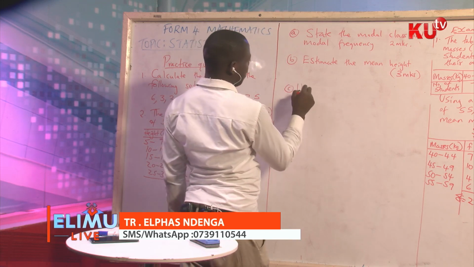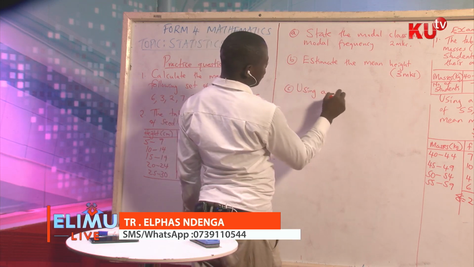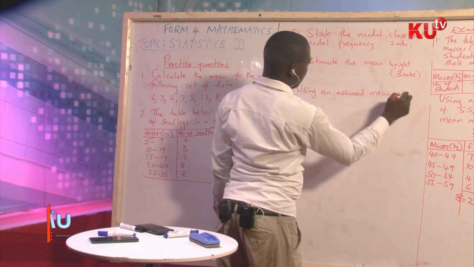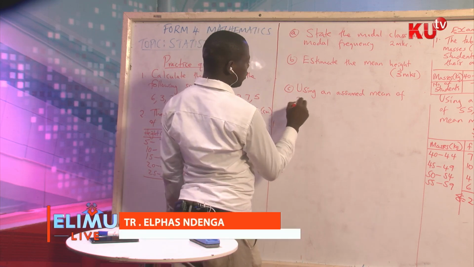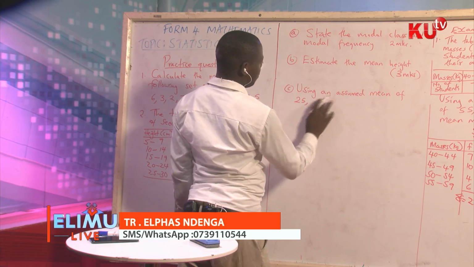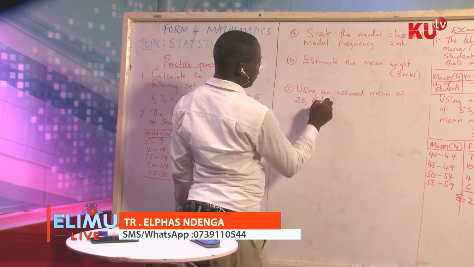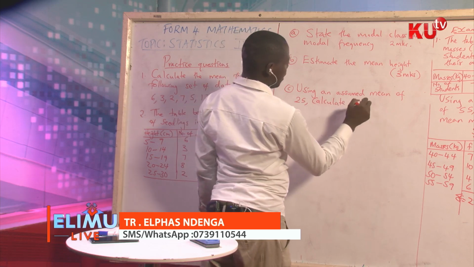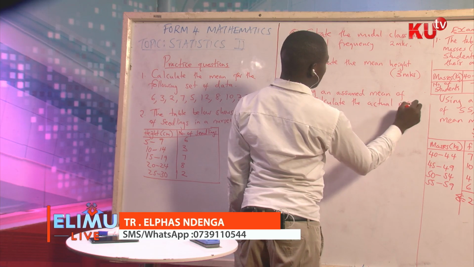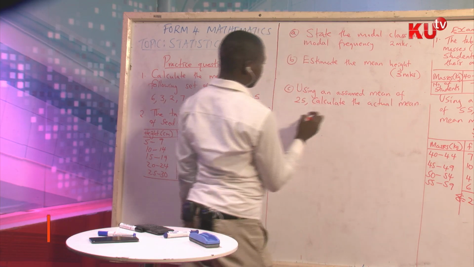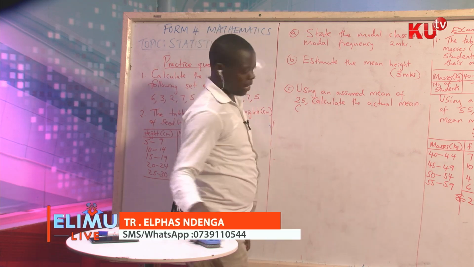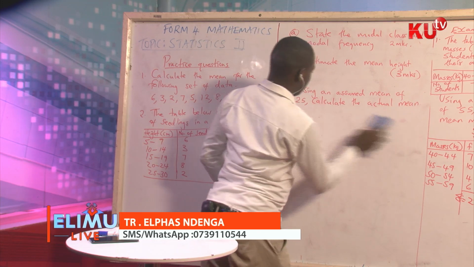Part C, using an assumed mean of 25, calculate the actual mean. Hence, calculate the actual mean.